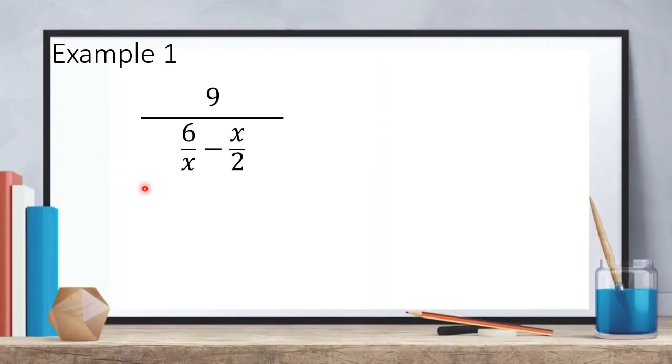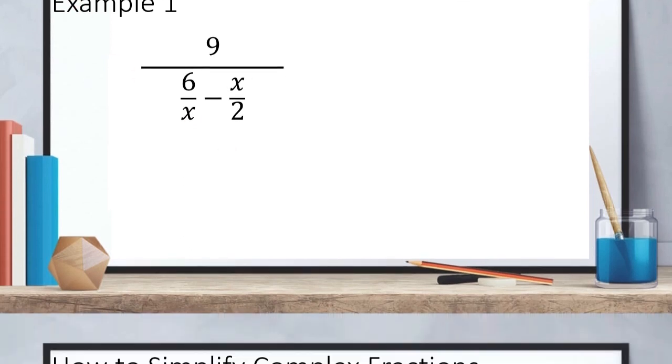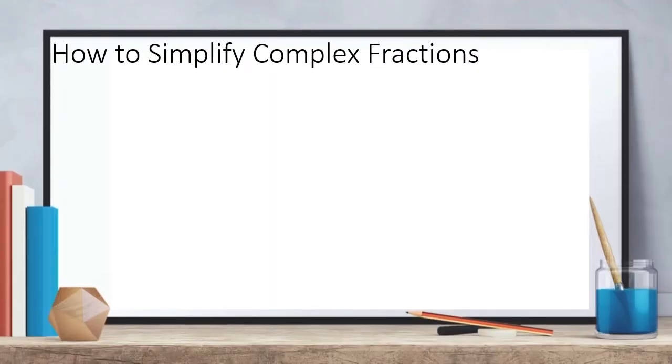Here's another example, but this example is complicated, so we need rules to solve it. How to simplify complex fractions such as this more complicated example? First of all, we need to determine the numerator problem.